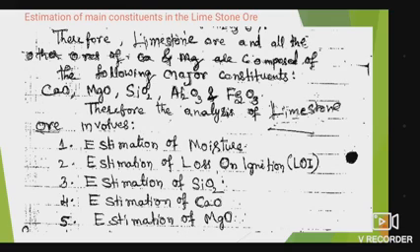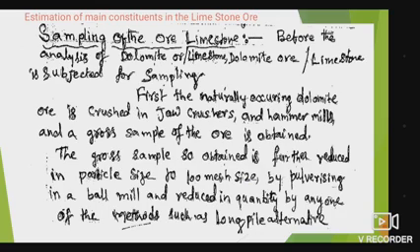So let's start with the analysis of the components: moisture, loss on ignition, SiO2, calcium oxide and magnesium oxide. First, sampling of the ore, that is limestone.